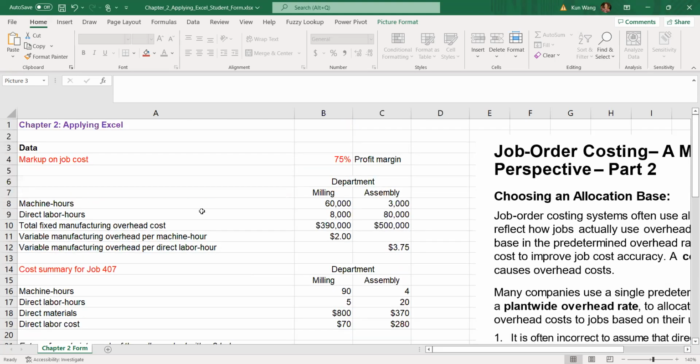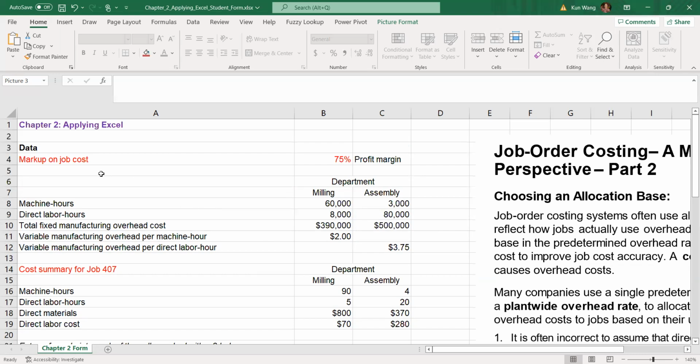For that question in the homework, you need to download the Excel file onto your local computer, work on solving the questions based upon the requirements, and then upload it again back to Connect. That's the submission for that question.